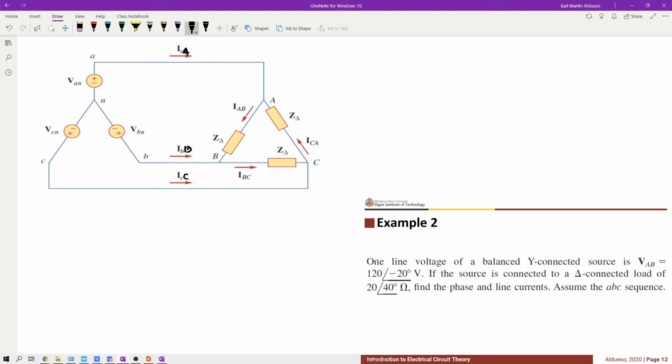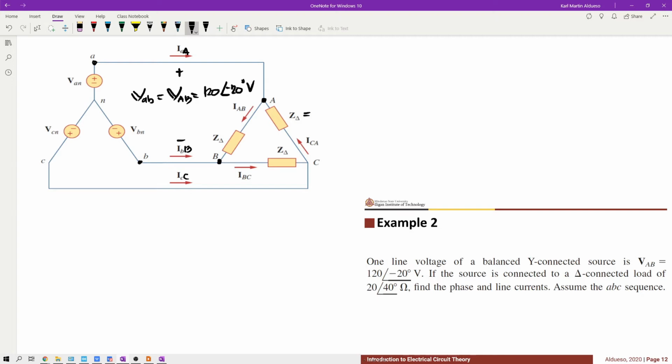What is given is the voltage VAB. So if this is lowercase VAB, this is just equivalent to the uppercase VAB, because if you look right here, this branch right here is just in parallel with phase A and phase B, or line A and line B. So VAB is 120 angle negative 20 degrees volts.